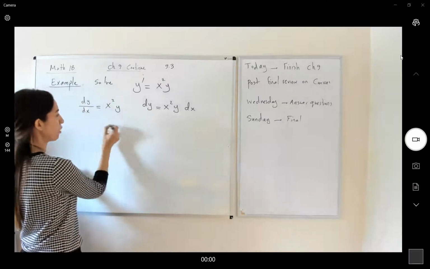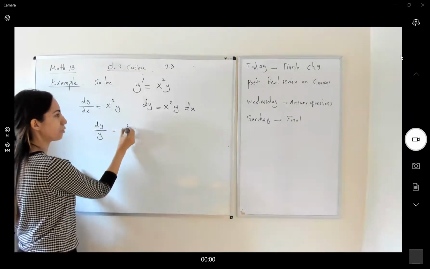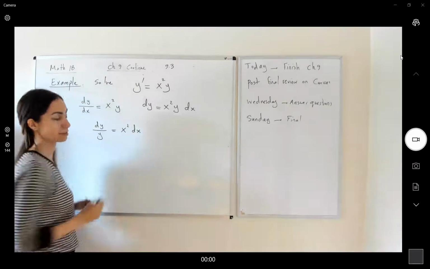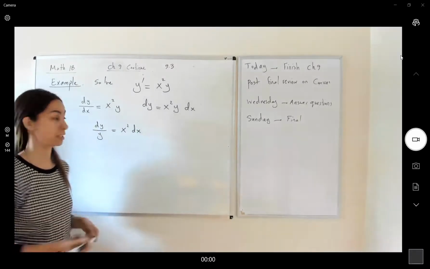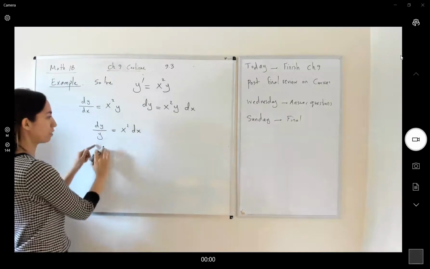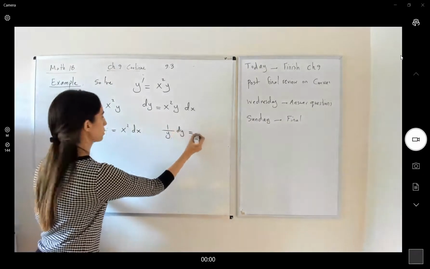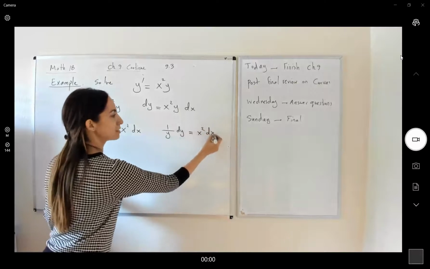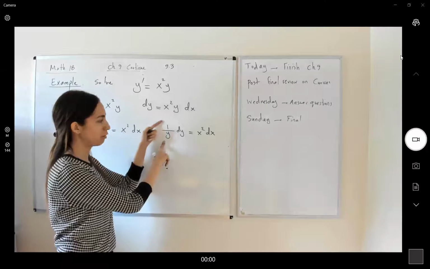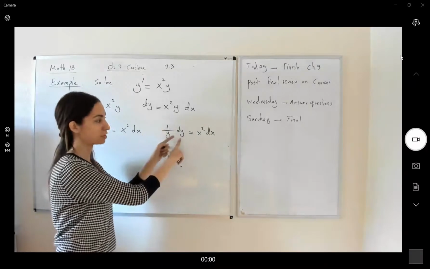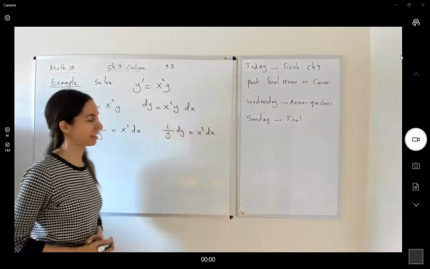So I get dy over y equals x squared dx. Do we have a separable differential equation? Yes. This is 1 over y dy equals x squared dx. You have your function 1 over y times dy, and on the right-hand side, everything is in terms of x.